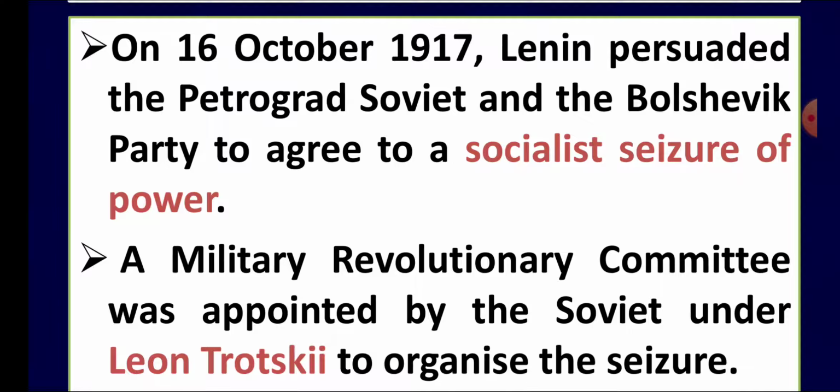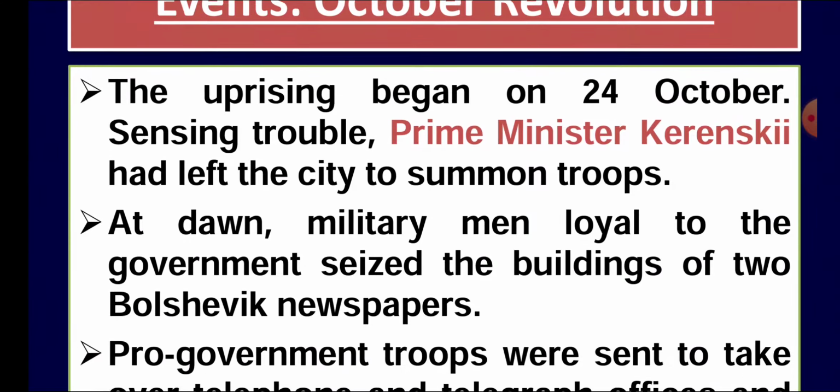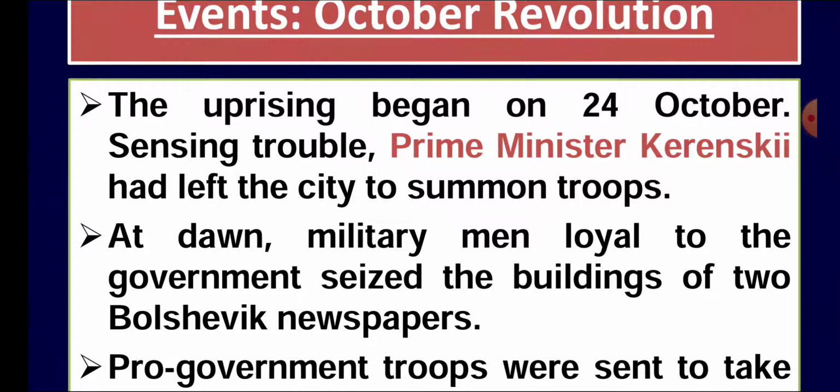The uprising began on 24th of October, and Kerensky, who was the Prime Minister at that time in the Provisional Government, leader of the Mensheviks, had left the city to summon the troops, and by evening the Bolsheviks seized some of the power.